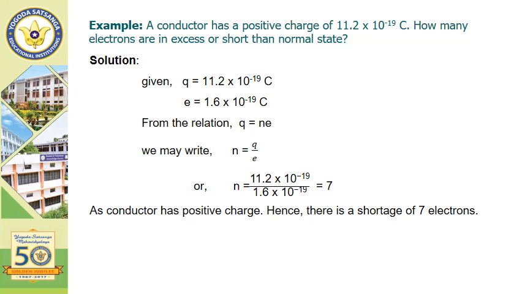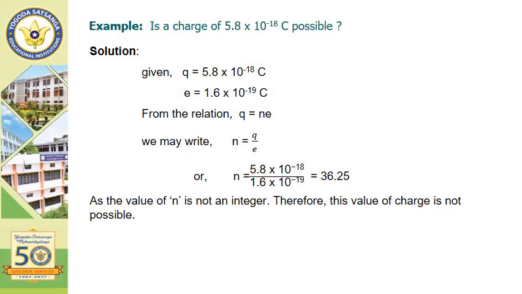Now move on to the next example. Is a charge of 5.8 into 10 to the power minus 18 coulomb possible? The solution is given here. Q equals 5.8 into 10 to the power minus 18 coulomb, and e has the value 1.6 into 10 to the power minus 19 coulomb.